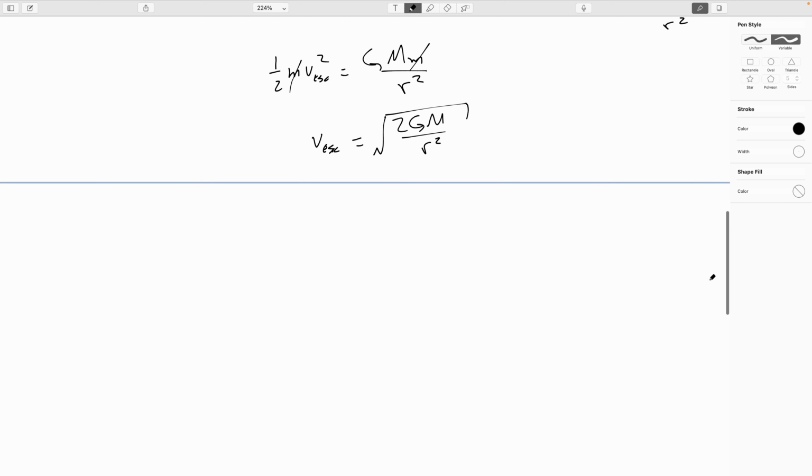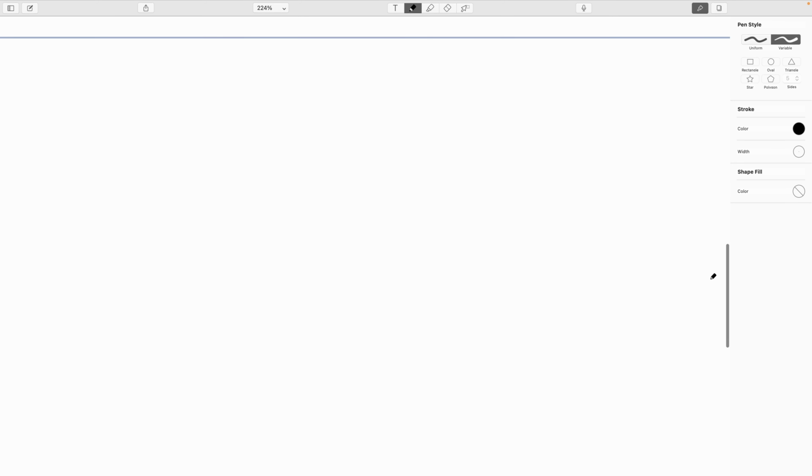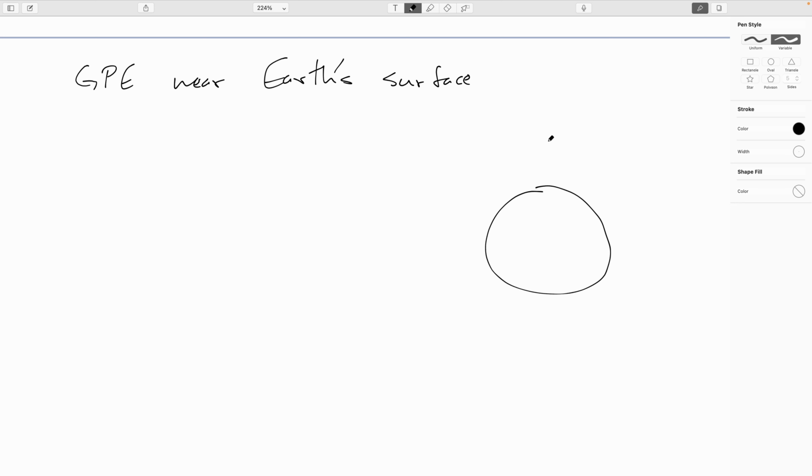Now, let's say, what if we're near the surface of the Earth? We would hope to see our friend mgh again. This is also true for any other planet. All right, so let's say we've got a mass some height h above the surface of the Earth.